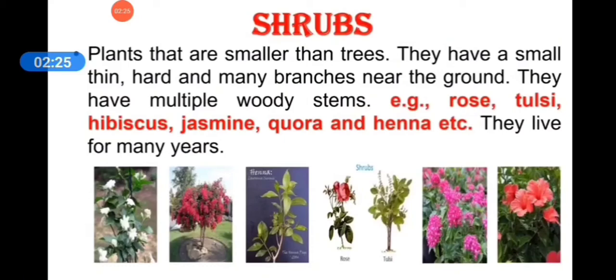Shrubs, plants that are smaller than trees and have a small, thin, hard stem and many branches near the ground are called shrubs. They have multiple woody stems. Example, rose, hibiscus, jasmine, henna, etc. They live for many years.